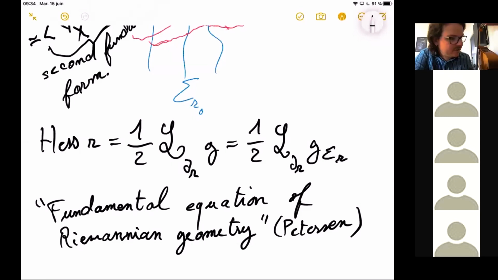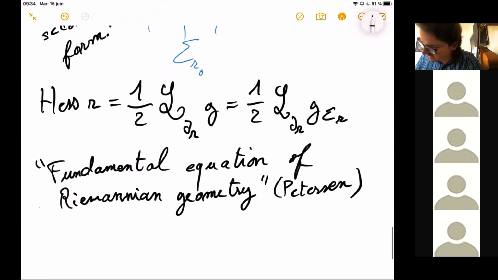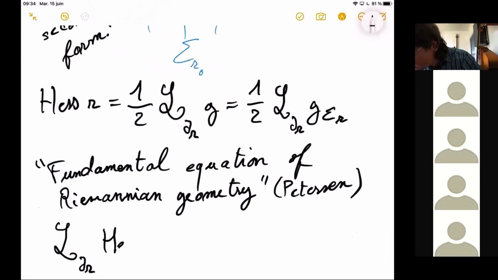So that's what Peter Petersen calls it in the book, and this is the following. So the Hessian is a quadratic form. You can try to look at the Lie derivative of the Hessian. So let's see.